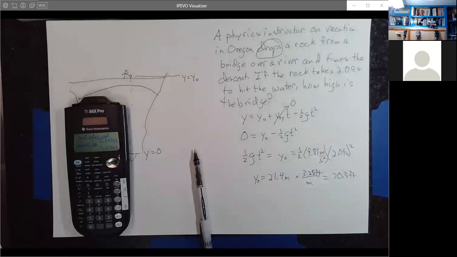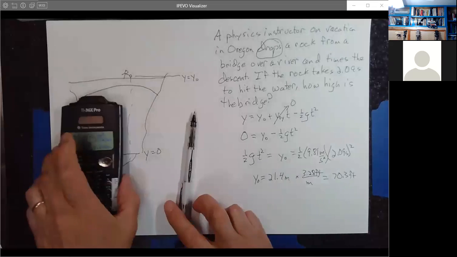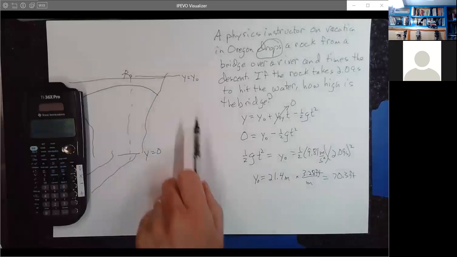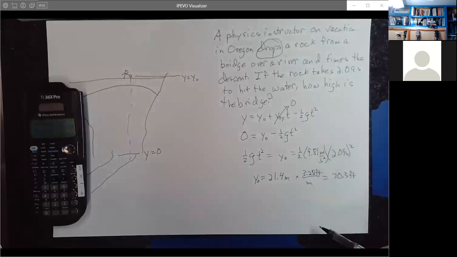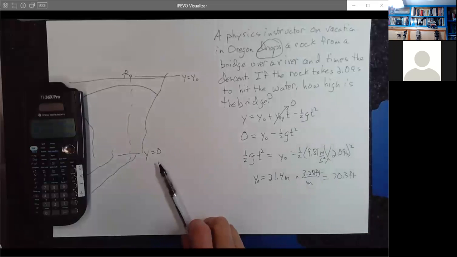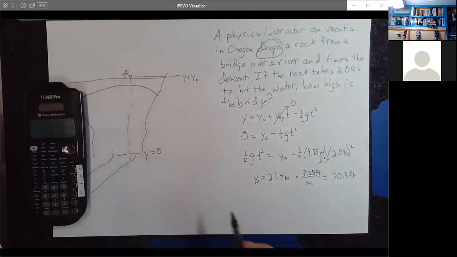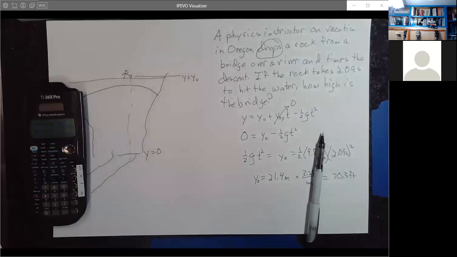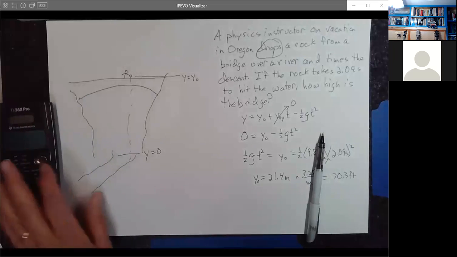I should do it with a stopwatch next time I'm down there, except I probably won't. Actually, I don't usually stop at that rest area, so I usually just go right by it because it's not far from either Redmond or Bend, and towns are usually nicer. So there's a sample free fall problem.